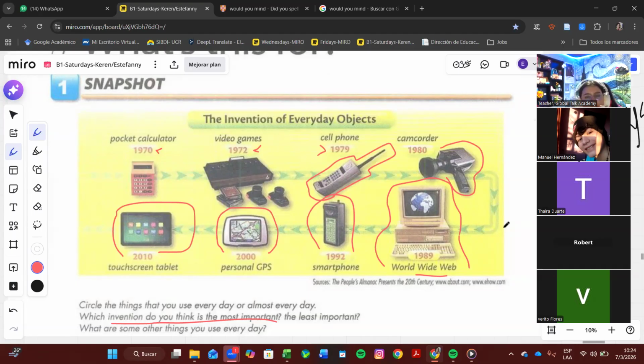Okay, so you think it's important because when they did it, they also created the internet, and the internet can help us as humans to do a lot of things, not just work, in my opinion.